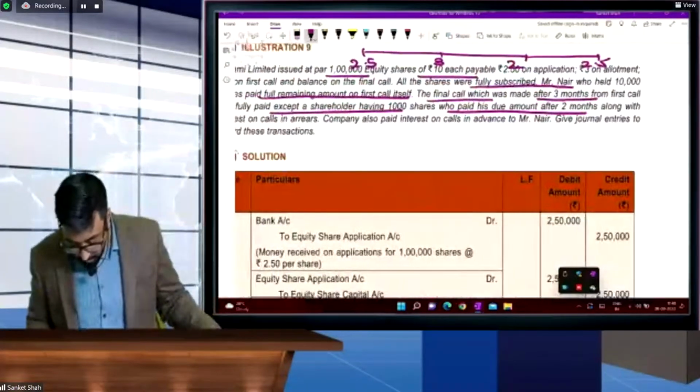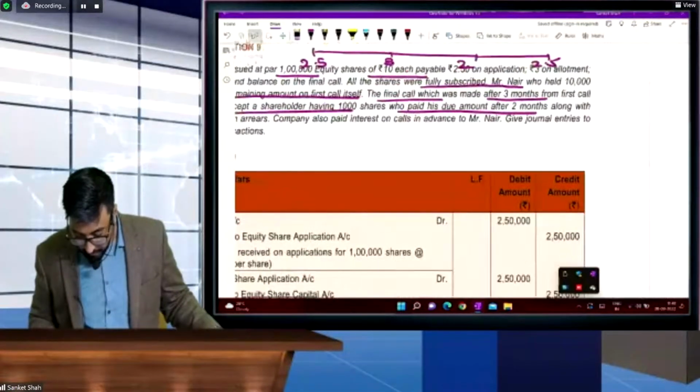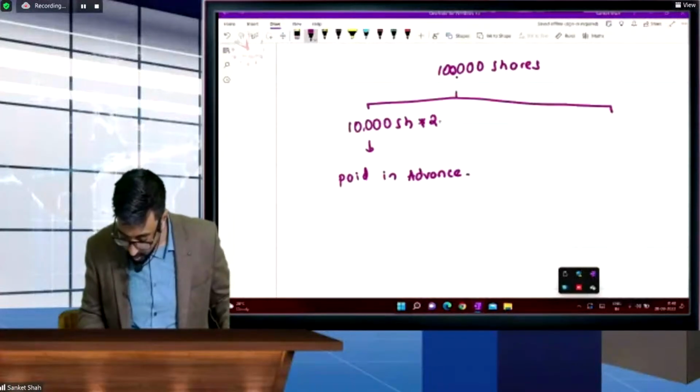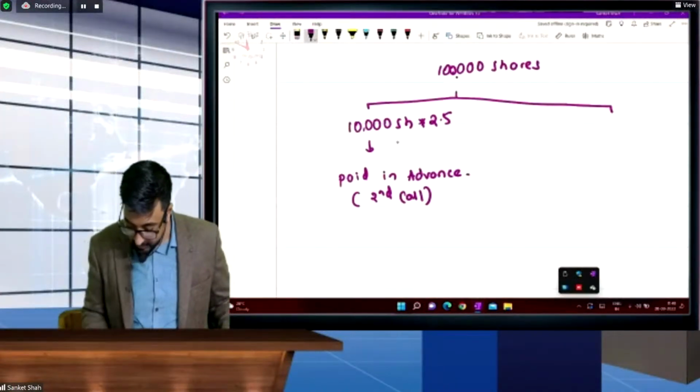Which call? Last call, 2.5. The second call he paid in advance.